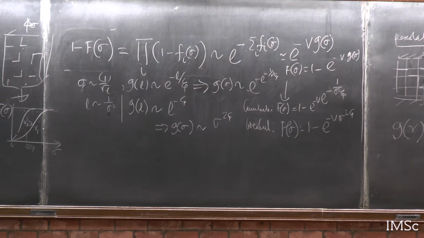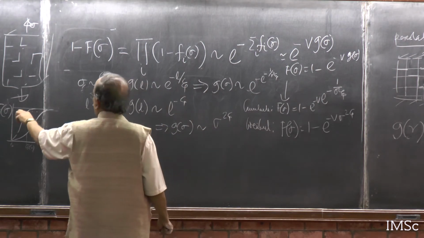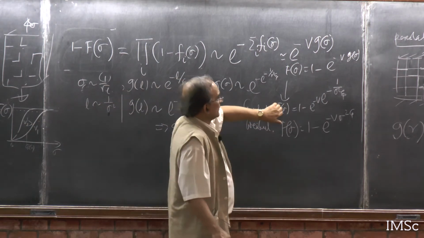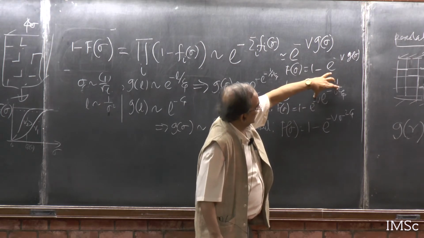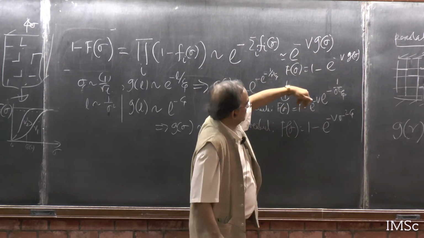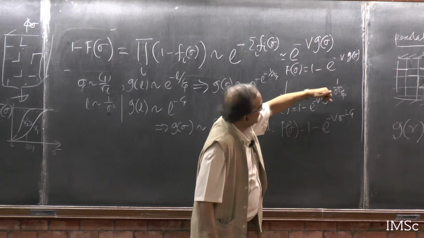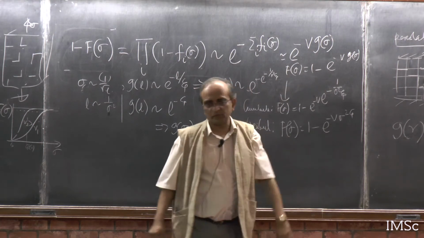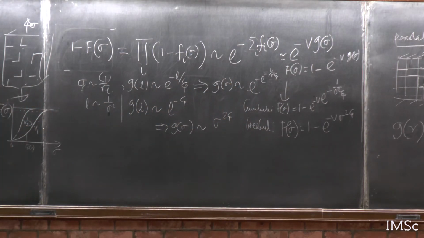Because if you want F sigma to be some finite value, say 0.9, then the exponential must be a finite number given by 1 minus 0.9 and so on. So sigma will be related to V as 1 upon log V.